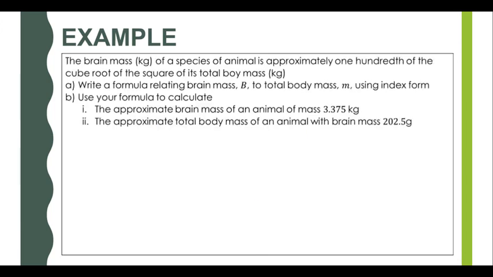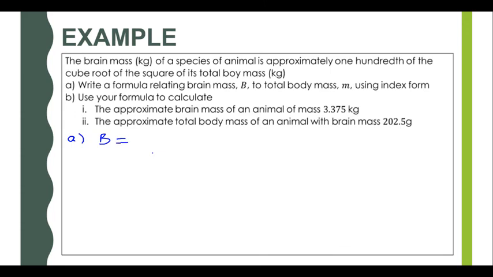So again, we need to read this question carefully. We want a formula relating to brain mass and body mass. If we read the question, we're told that the brain mass is approximately 1/100th of the cube root of the square of its total body mass. So for part A, we want a formula relating brain mass, B, to the total body mass.